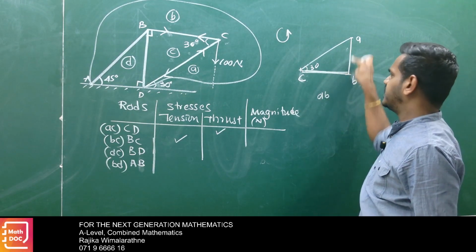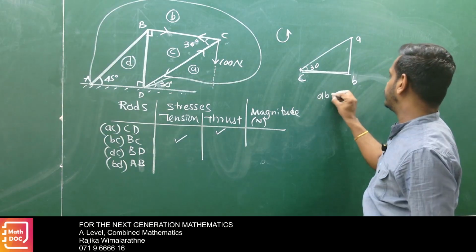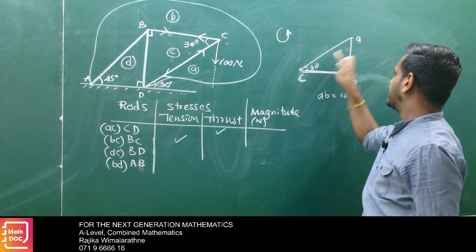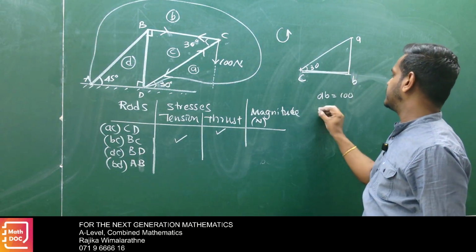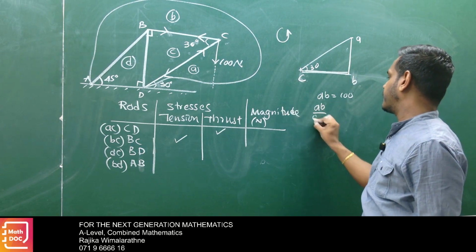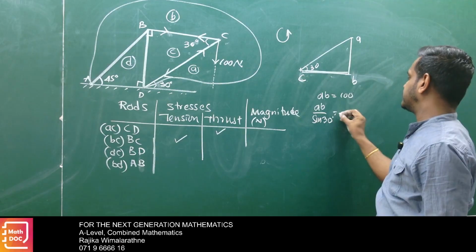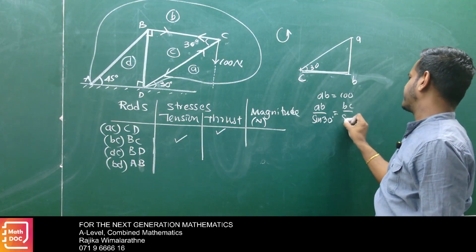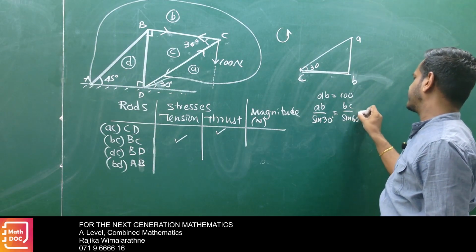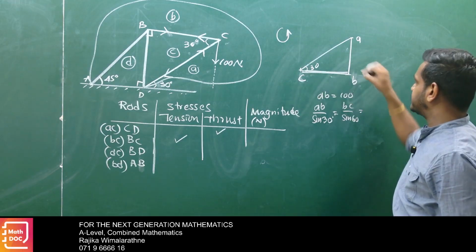Here AB equal 100, no? Then 100 is AB over sine 30, BC over sine 60, AC over sine 90.